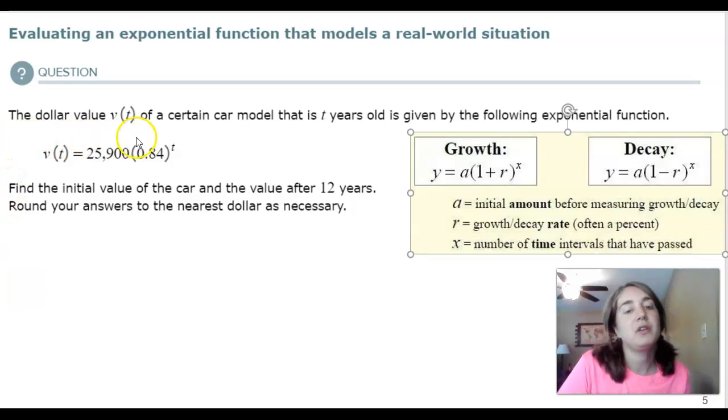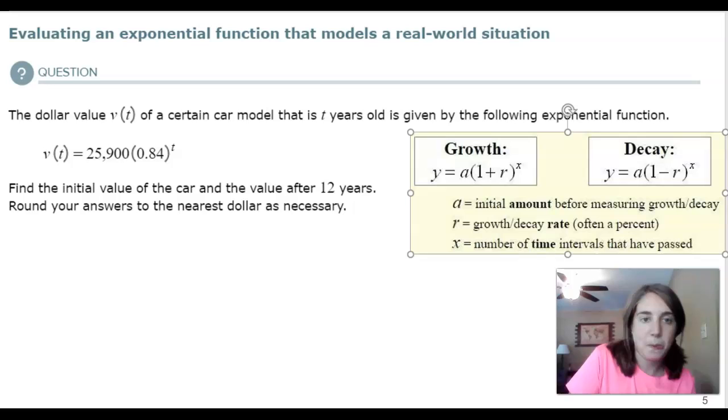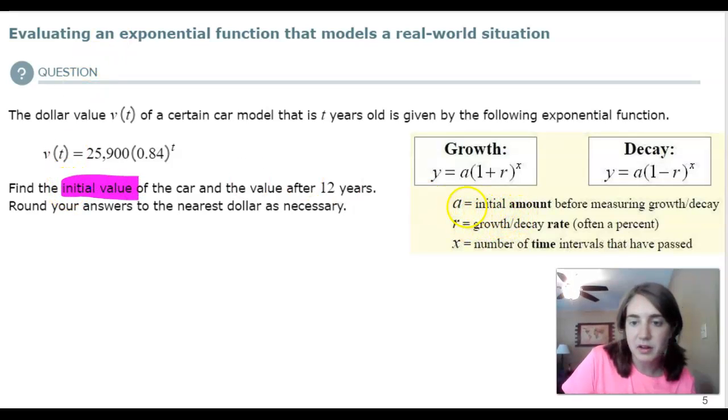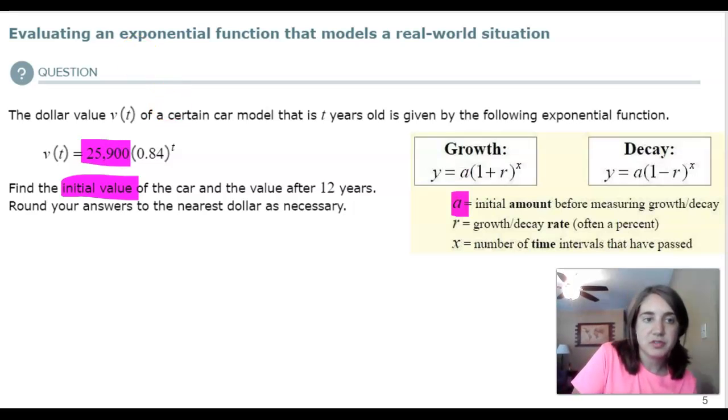The value of a car is given by this equation where t is the years old. So find the initial value. Remember my A. Oh, it froze.